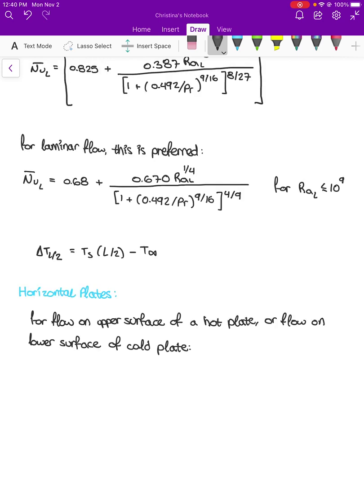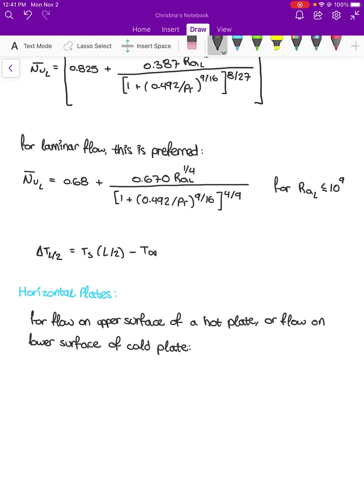For flow over horizontal plates, there are various equations that depend on the location of the fluid and the temperature of the plate relative to that of the fluid. If there is flow on the upper surface of a hot plate, or if the flow is on the lower surface of a cold plate, then there are two Nusselt number correlations that are appropriate to use.